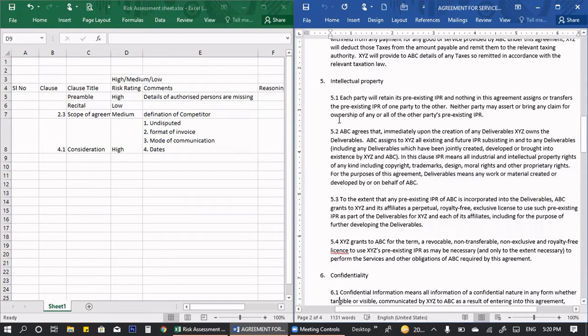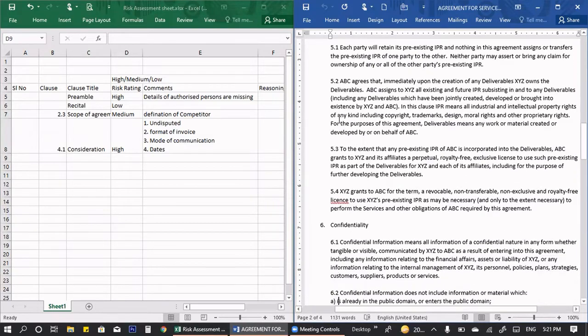Next, we have intellectual property. Here, each party will retain its pre-existing IPR, and nothing in this agreement assigns or transfers the pre-existing IPR of one party to the other. Okay, fine. ABC agrees that immediately upon creation of any deliverables, XYZ owns the deliverables.